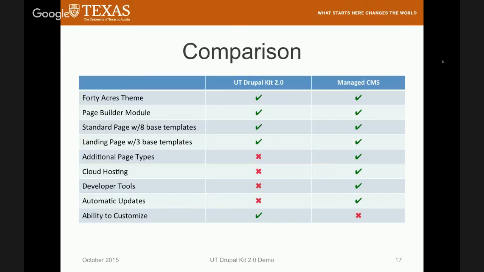But when we start talking about features such as additional page types, the cloud hosting model, developer tools such as a continuous integration suite, and automatic updates, those are things that are only going to be available on the Managed CMS service. Whereas the final row, the ability to customize, is going to be a feature of UT Drupal Kit that is not really available to Managed CMS.